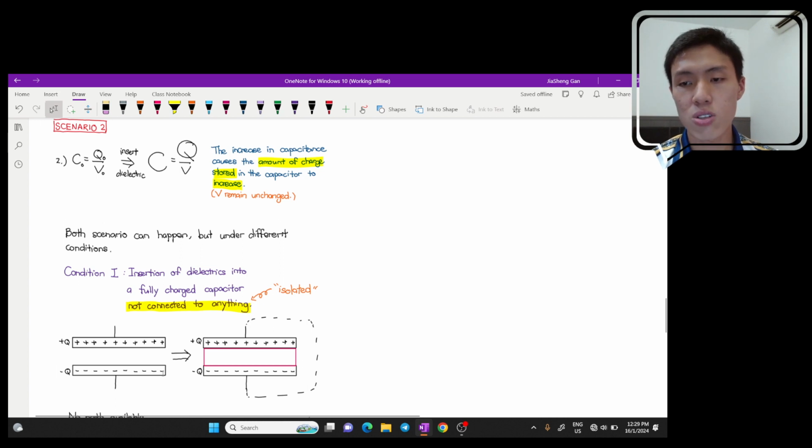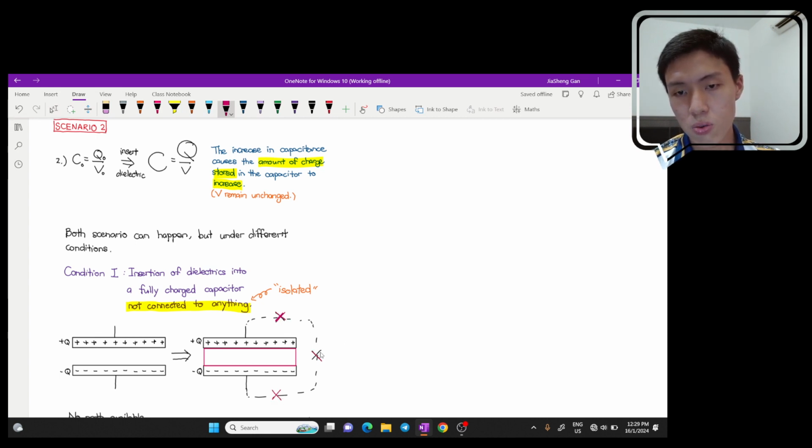Okay, if it's no longer connected to anything, let's think about it. Is there any possibility for the charge to move? Well, if you want your charge to move, you have to provide a path for the charge to flow. So in this case, if we do not connect the capacitor to anything, then basically there is no path. We don't have any path for our charges to flow.